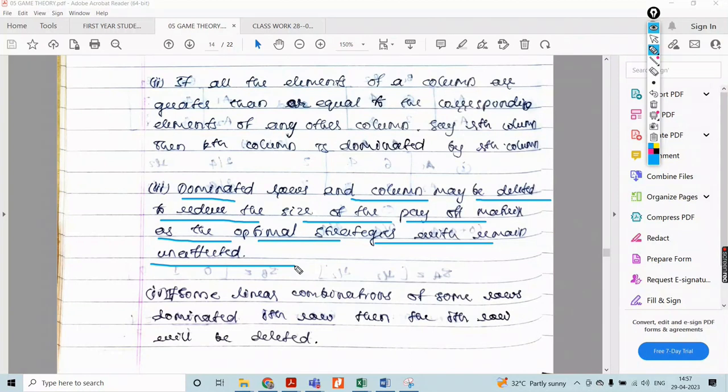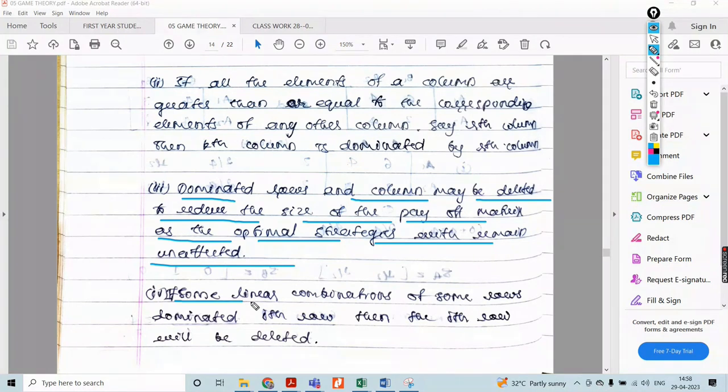Because of that, the non-dominating row and column will get deleted. But the payoff matrix should not be disturbed and should have no effect on the optimal solution. Only then can you delete that particular row or column. If not, we should not do that.